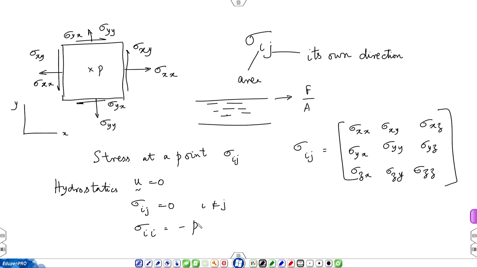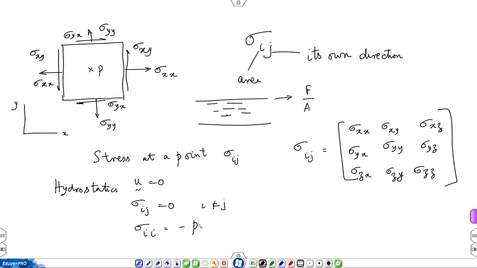So, this pressure originates from the microstructure of the material, of the fluid medium. So, it is often called thermodynamic pressure, okay, because you can estimate it from the equation of state, which is P over rho equal to RT for an ideal gas.